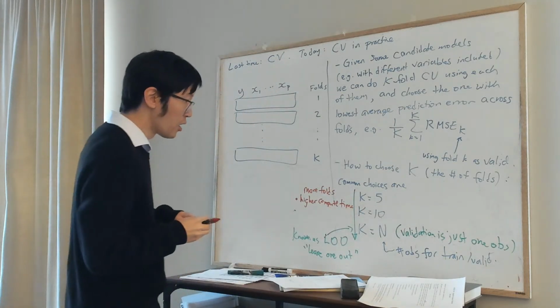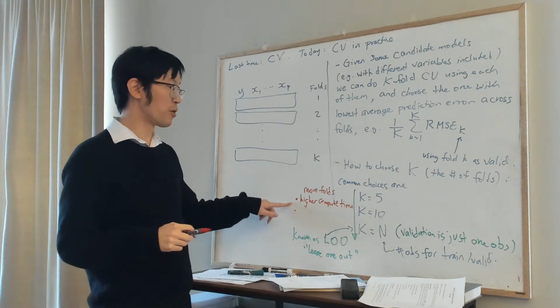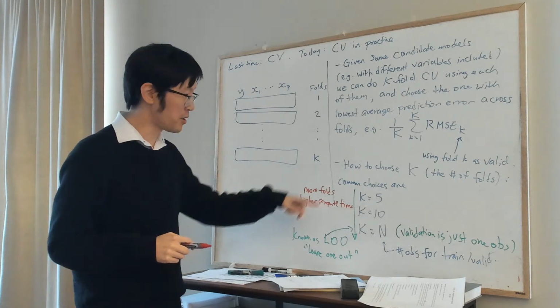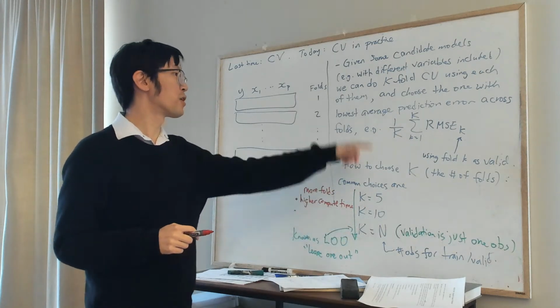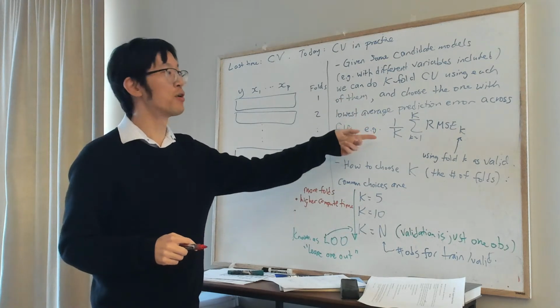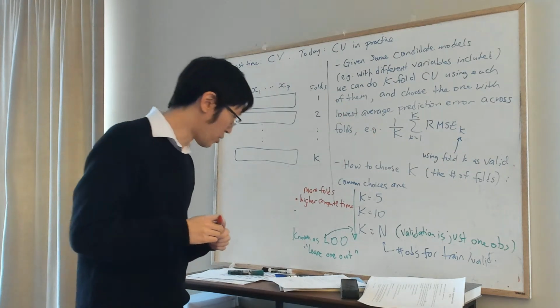And secondly, there's clearly a trade-off here. When you have more compute time, theoretically at least, when you have more folds, you also get a better estimate of prediction error if you were to then use the model on new data.